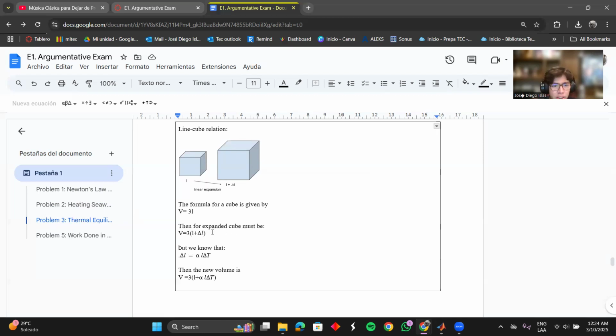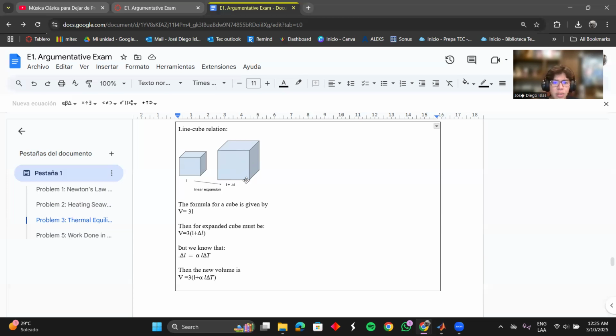So we can now state some facts. We want to know the volume for this, then the volume for this. We know that the volume for this is L cubed, so why wouldn't it be the same for this?